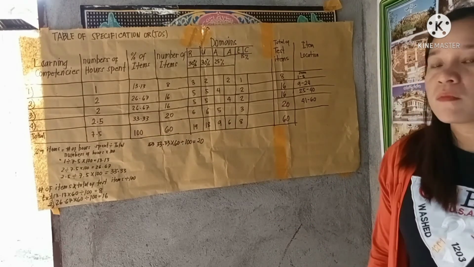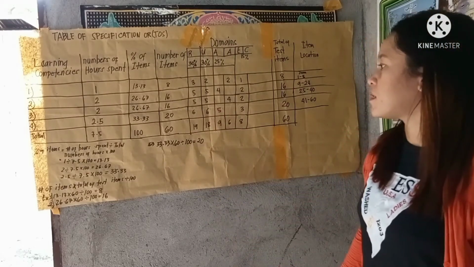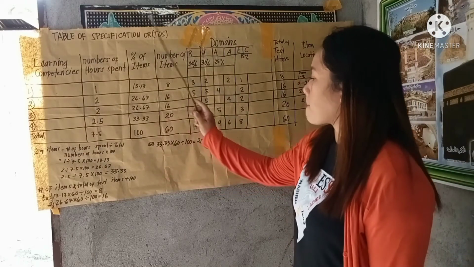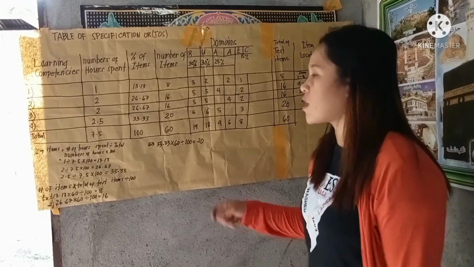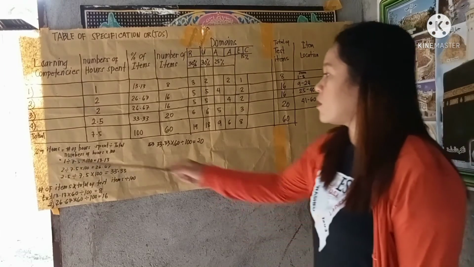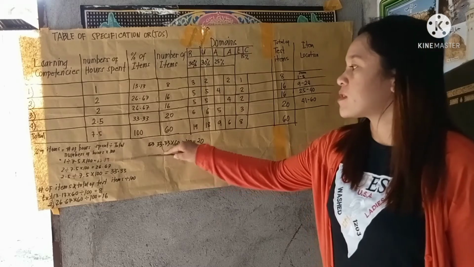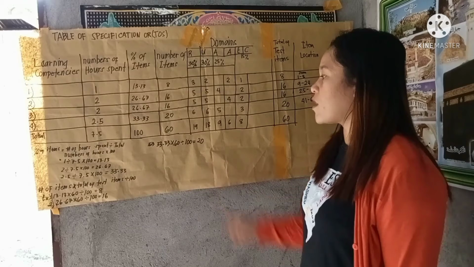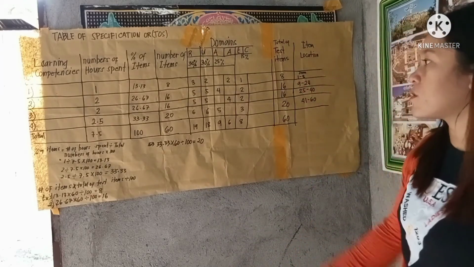So, how to get the percent of items? To get the percent of items, we first need to divide. Percent of items equals hours spent divided by total number of hours times 100.